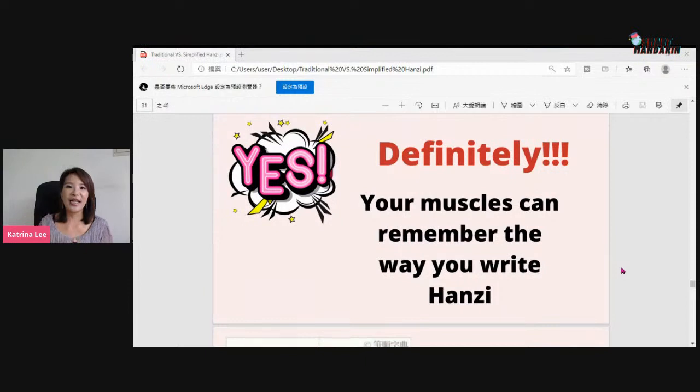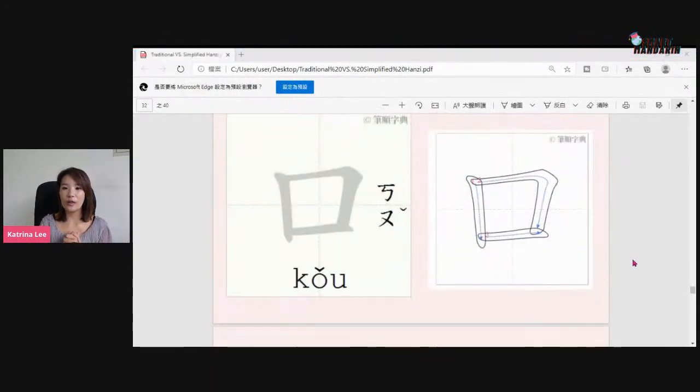So handwriting is the same. If you write the character, the component, and practice it with the correct stroke order again and again, then your muscle can remember. For example, for this character, the stroke order is 1, 2, 3.